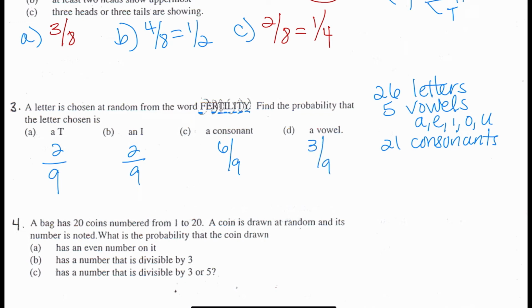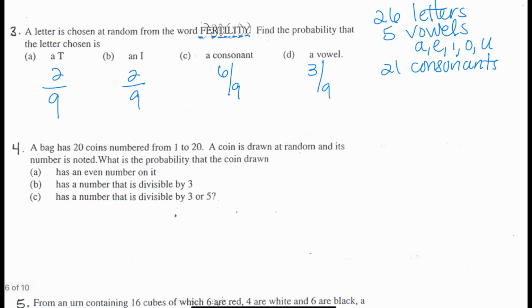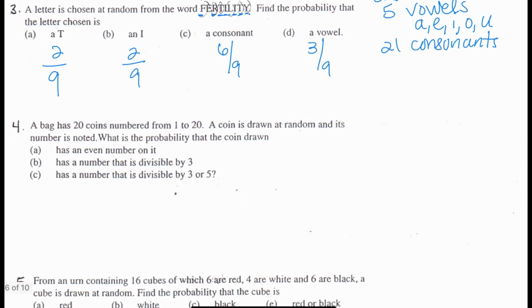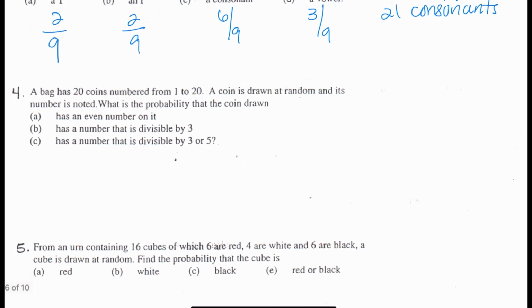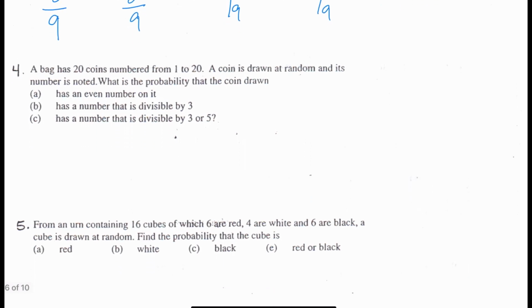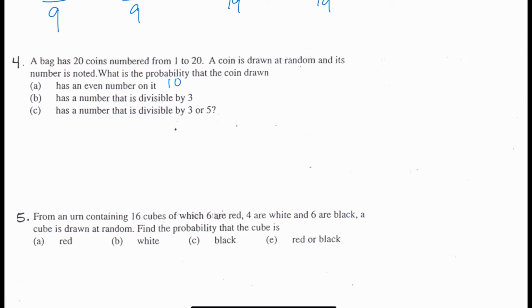In number 4, we have a bag has 20 coins numbered 1 to 20. A coin is drawn at random and its number is noted. What is the probability the coin drawn has an even number? Well, half the numbers are going to be even, so that's going to be 10 out of 20 or 1/2. A number that is divisible by 3.